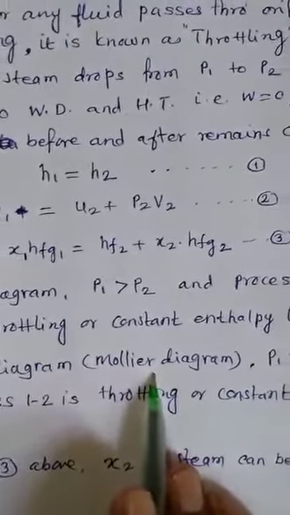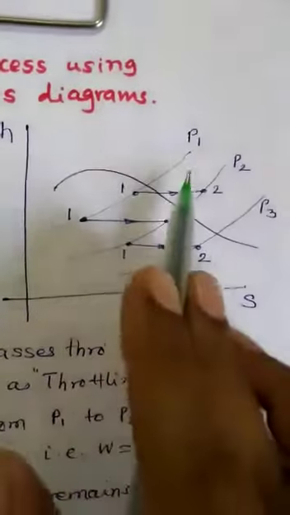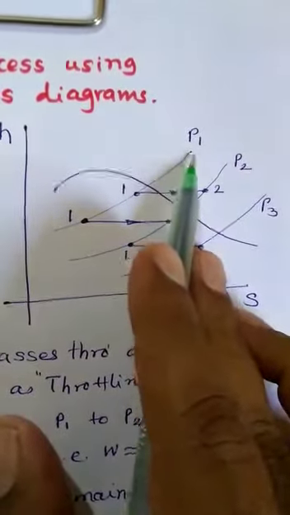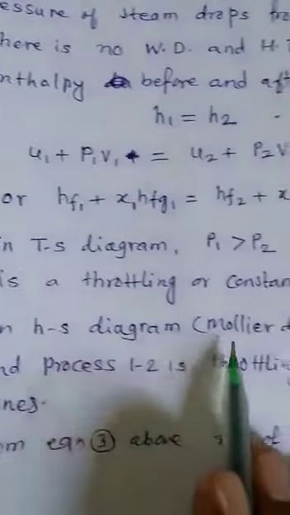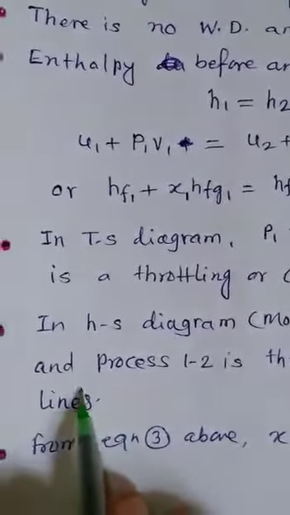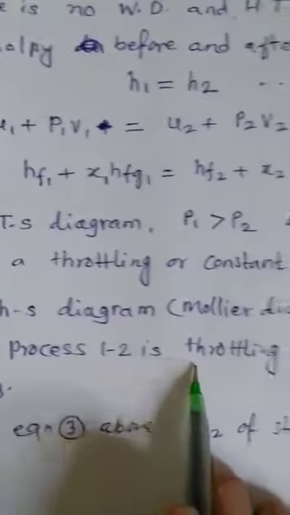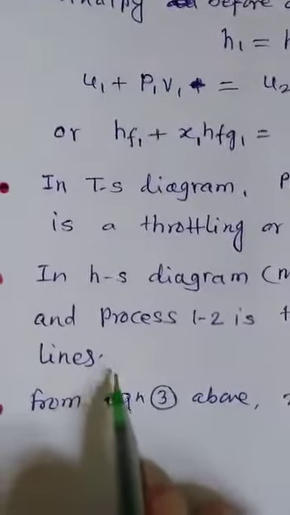This is known as a Mollier chart or Mollier diagram. And in this diagram again pressure P1 is greater than P2 and P2 greater than P3. So in HS diagram or Mollier diagram the process 1 to 2 is known as throttling process, or it is also known as constant enthalpy line or constant enthalpy process.